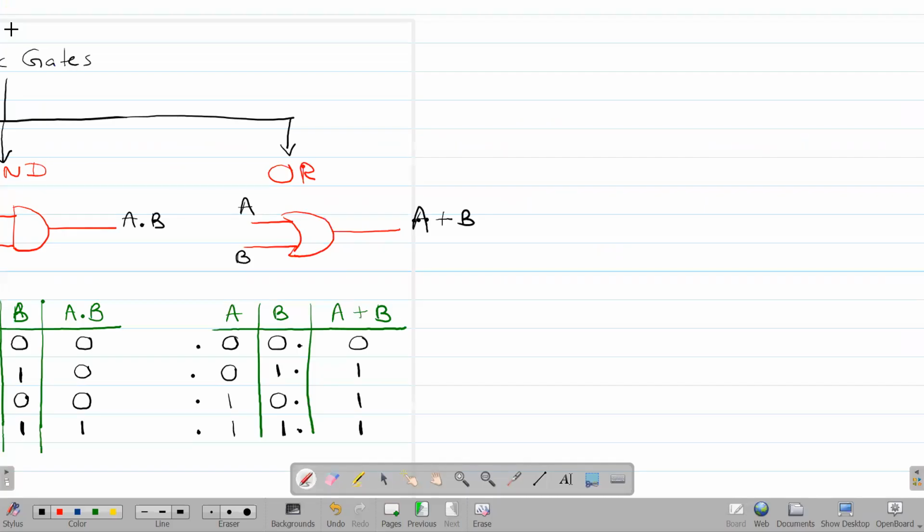Okay. So 1 plus 1 will give you a 1. The reason is this 1 indicates the value true, right? And a 0 indicates a value false. So 1 plus 1, true OR true, will again provide you a true.